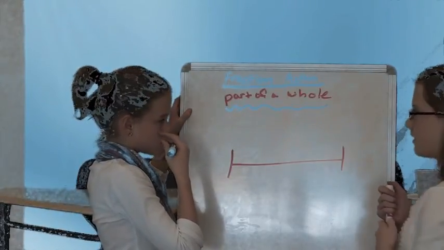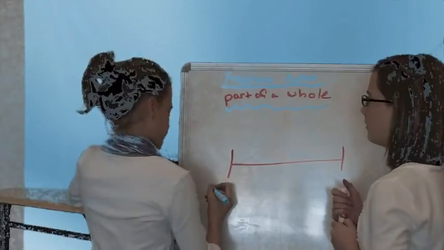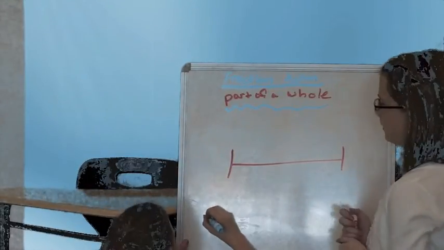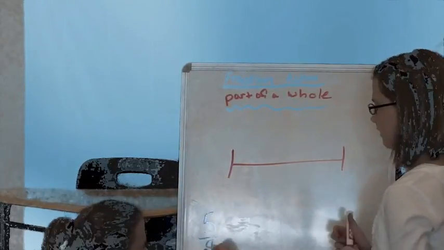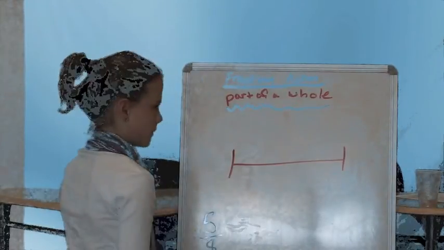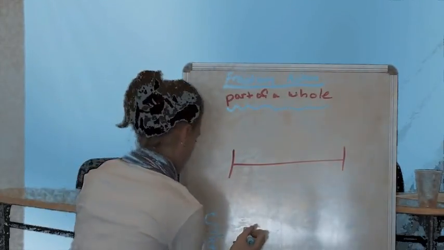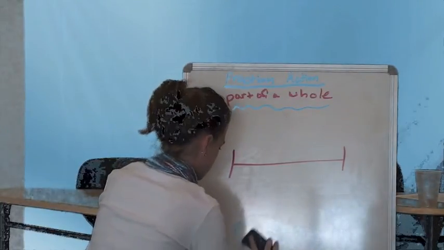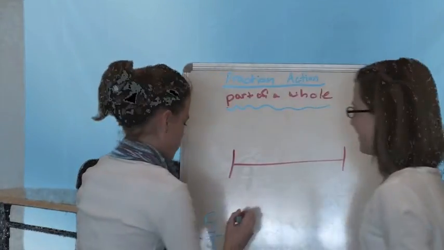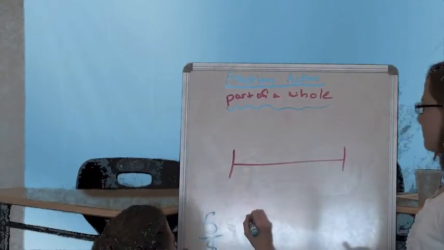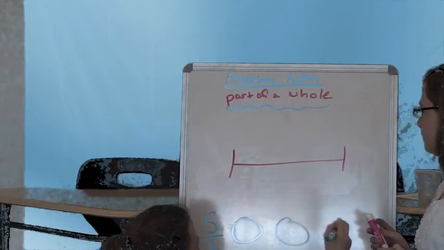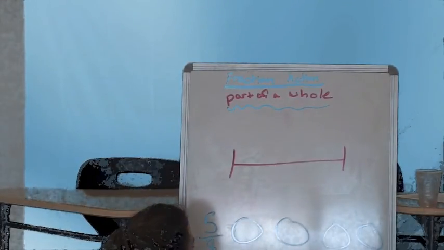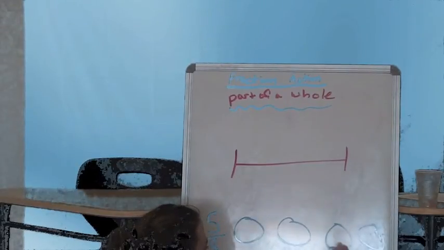Mackenzie, can you give me a fraction? 5/8. We'll just keep using that one. 5/8. That's the fraction. And then let's do, so you do 8 circles. 1, 2, 3, 4, 5, 6, 7, 8.